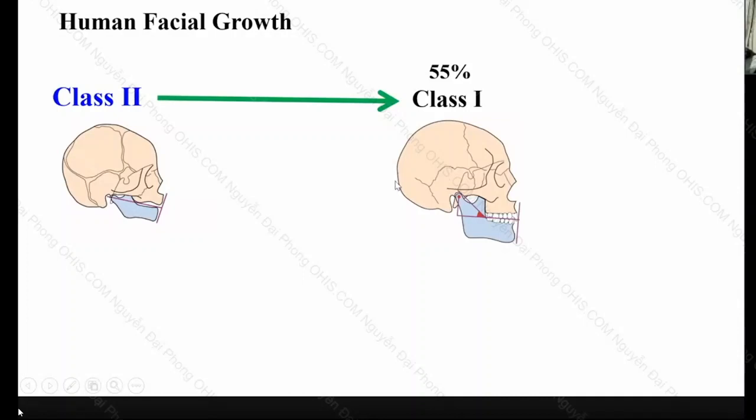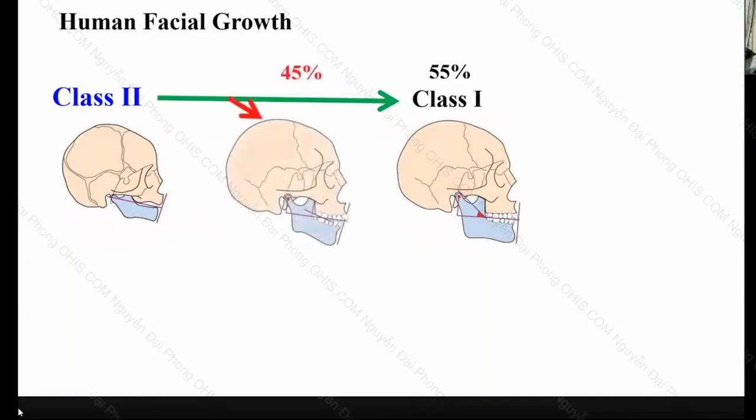About half of the population of growing kids establish class 1, but nearly another half of the growing kids stay class 2, because there is not enough increase in vertical dimension in the posterior part of the dentition.